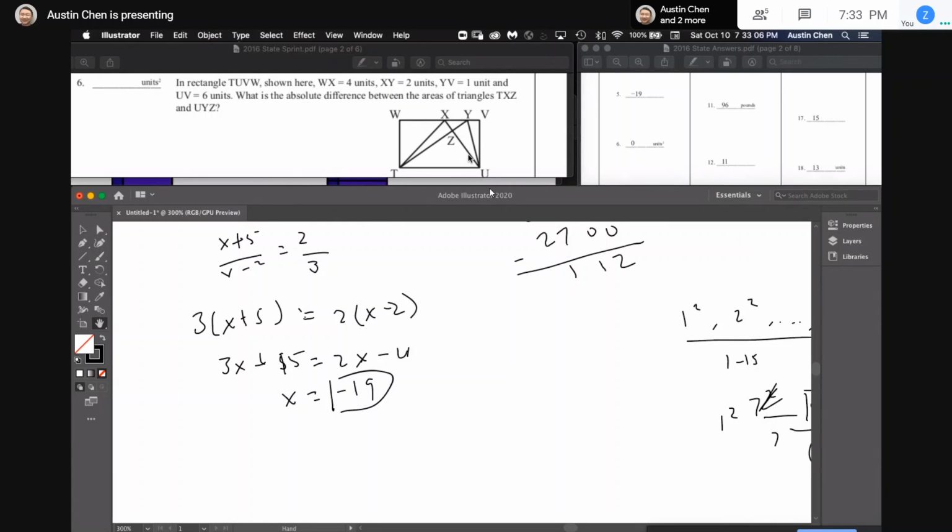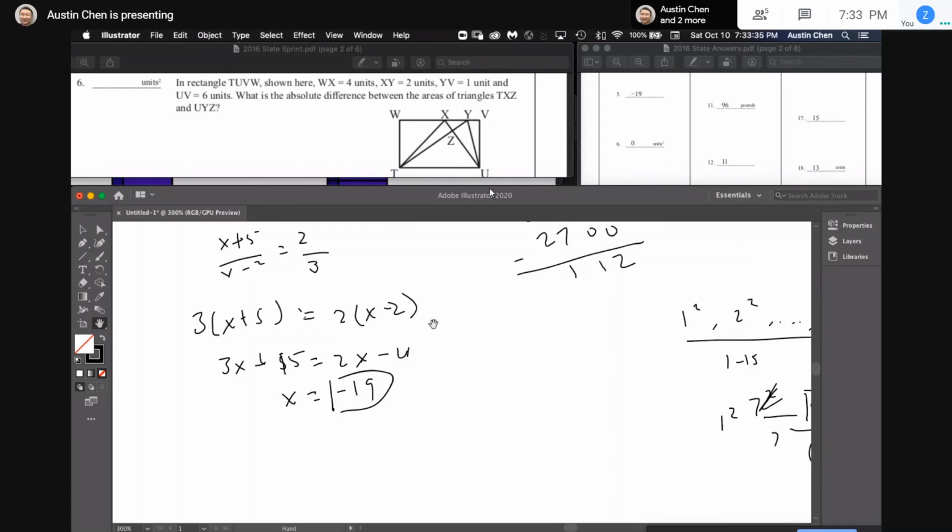If you take triangle TZU from TXU, you're left with TXZ. If you do the same for TYU, you're left with UYZ. So it's the same area minus the same area, so those two actually have the same area. Yeah, that was a very good observation.